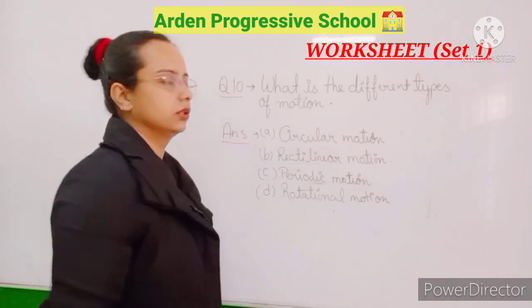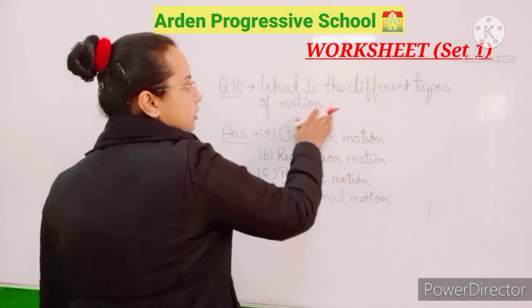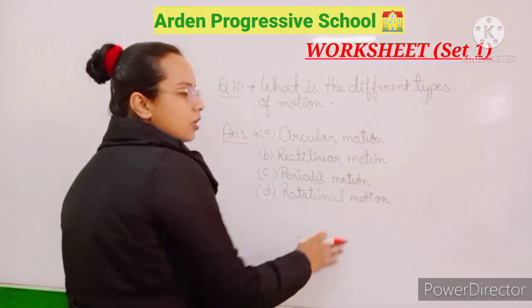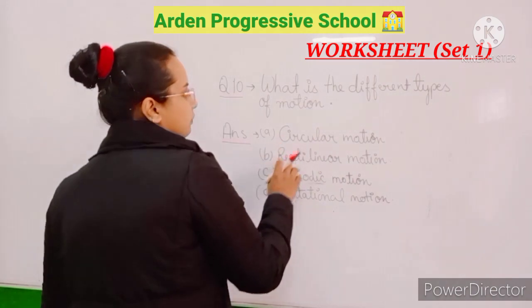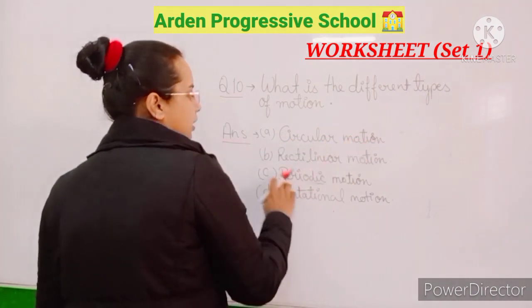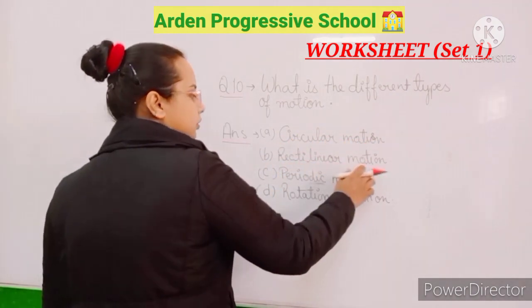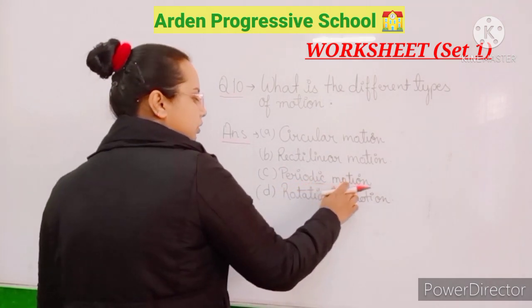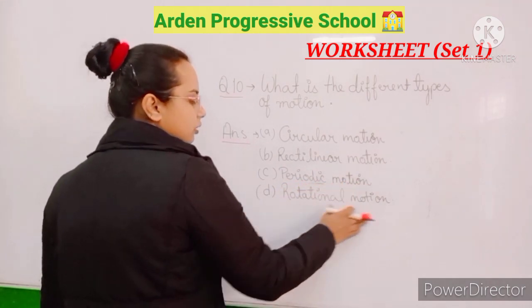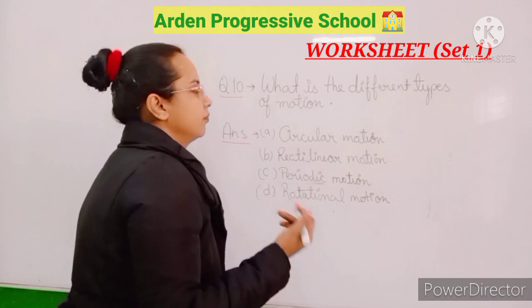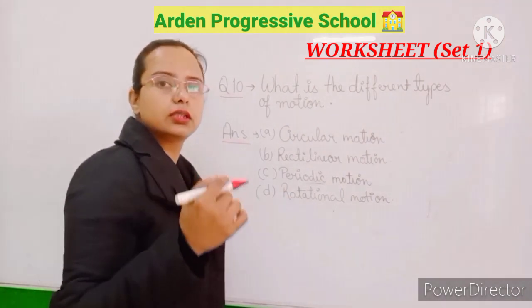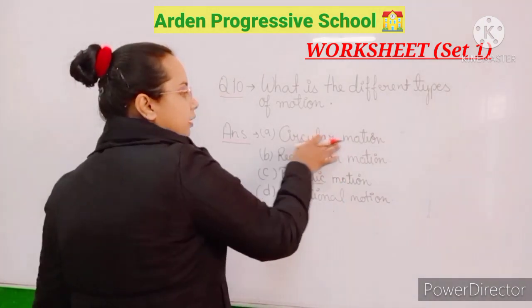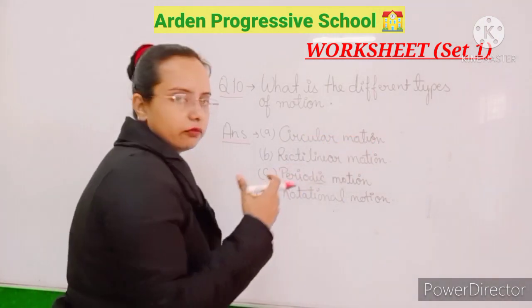But here it is written what are the different types of motion, meaning only the names are asked. So you will write circular motion, second is rectilinear motion, third is periodic motion, and the fourth is rotational motion. If the question asks to explain the different types of motion, then you have to write the name of the motion and then explain it.